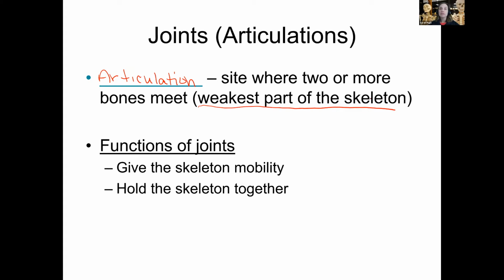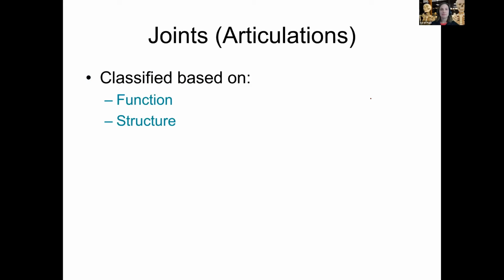So I'll walk you through in this chapter ways that we can make our joints stronger, so things we can do to actually reinforce a joint. Now, obviously, the function of your joints is to give you movement, and they're also holding your skeleton together. We have over 206 bones in the body, and they're held together at joints.